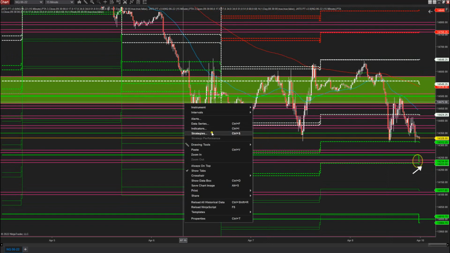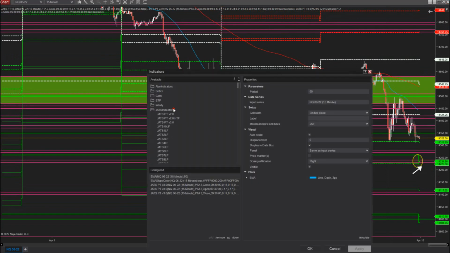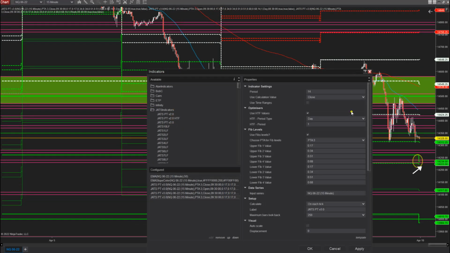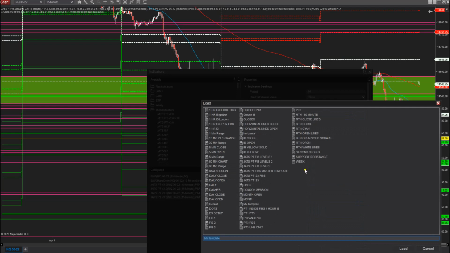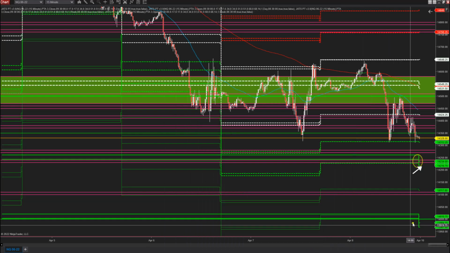So let me put the opposite, well, not the opposite, but the weekly open. So I can put my indicator on the solids, but change the calculation to the open. And that gives me 2 different levels to trade to.